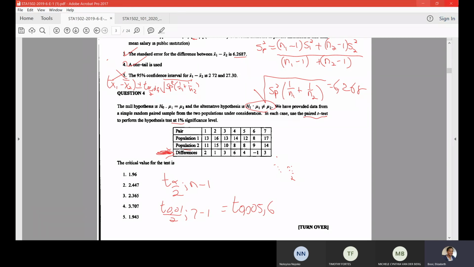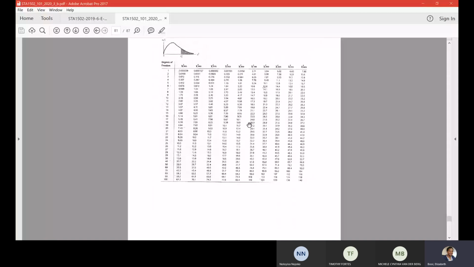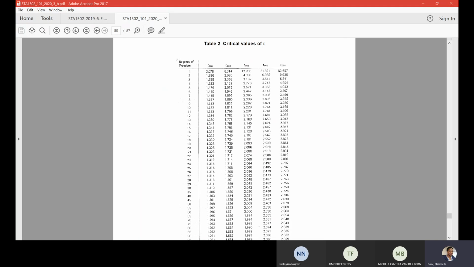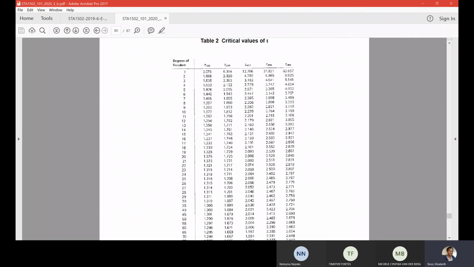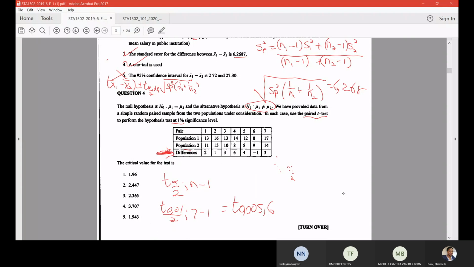Then you go to the critical values of t table. We look for t 0.005, which is the last column, and we look for degrees of freedom of 6, where they meet. That is your answer. Agree? Yes, being option number 4.